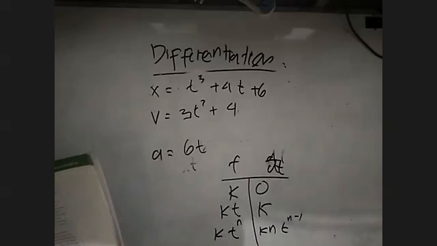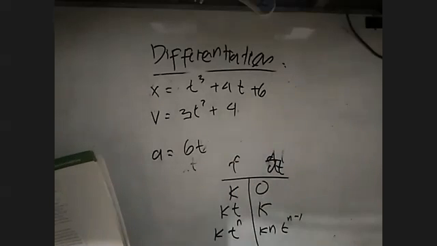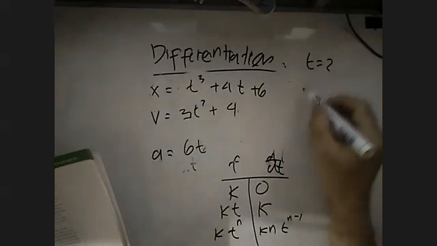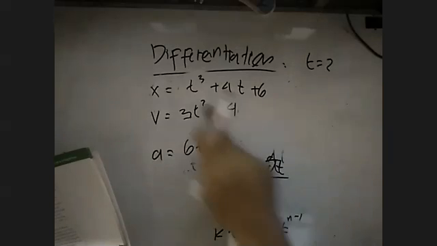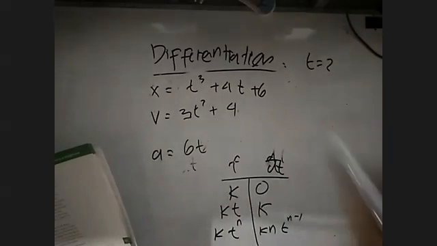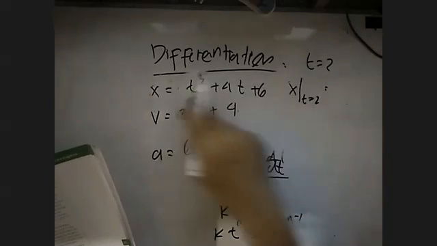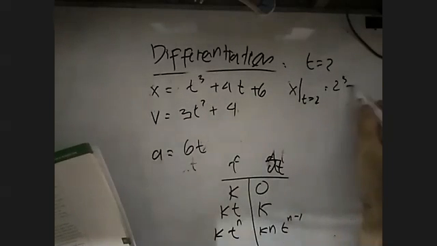So this is how we find the expression. The next question is, find the displacement, velocity, and acceleration when t equals 2. When t equals 2, what we do is we substitute t for all of this. We're going to write this as x when t equals 2: 2 cubed plus 4 times 2 plus 6.